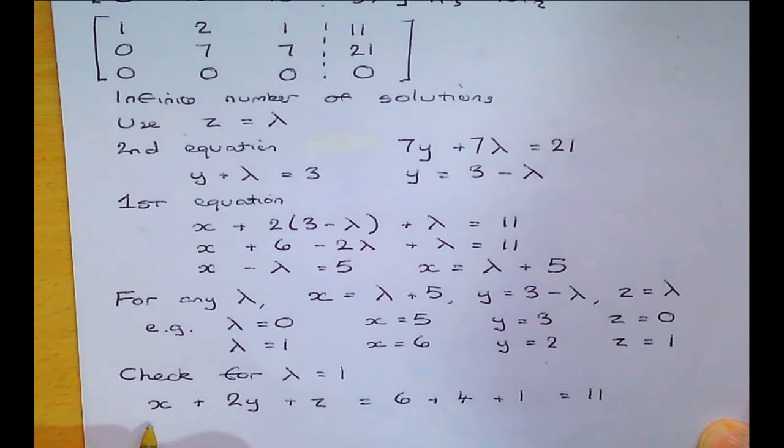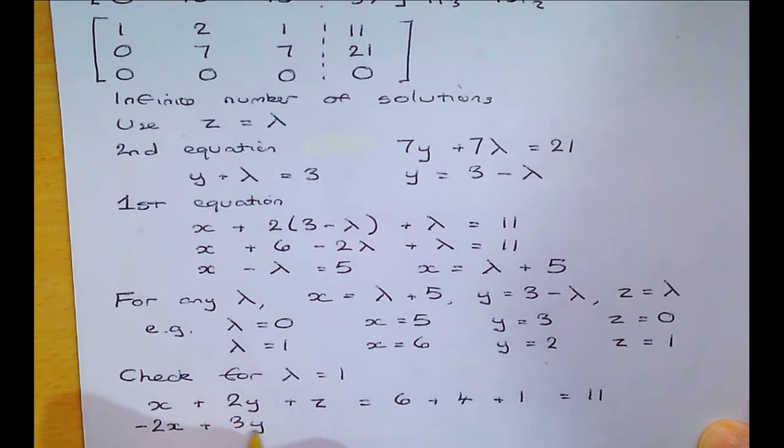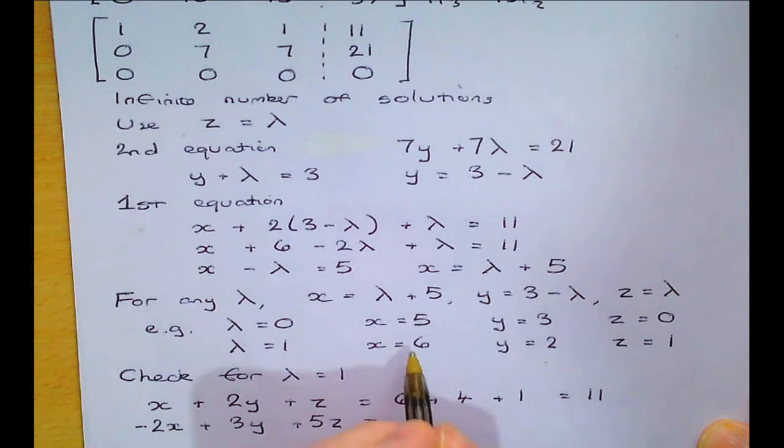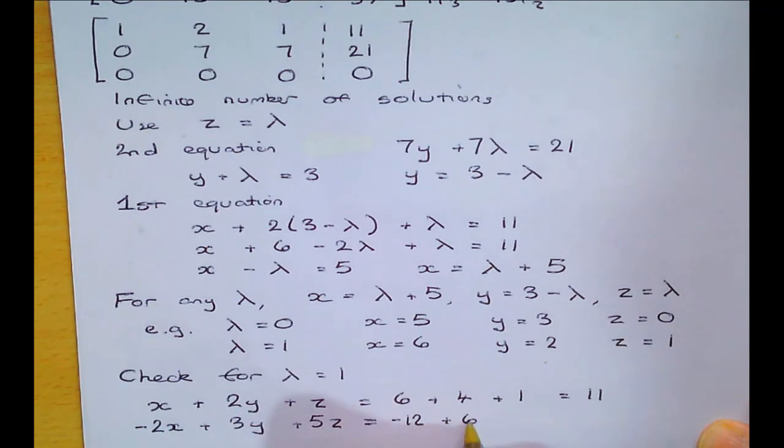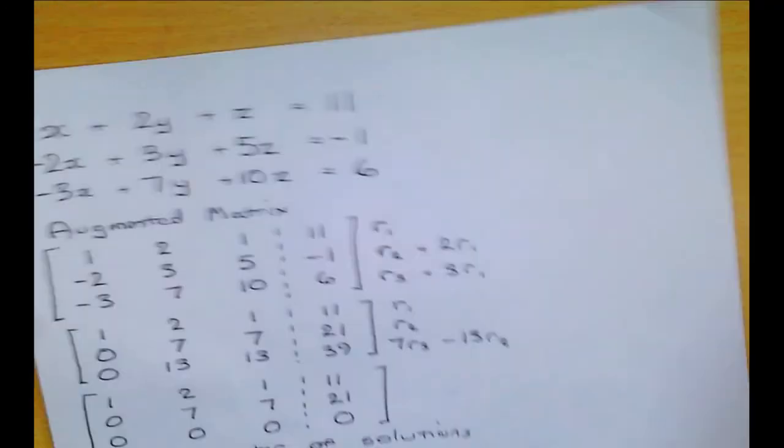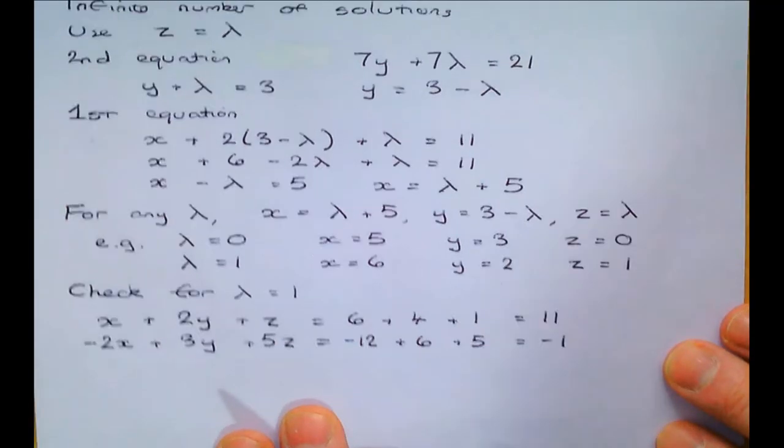We have minus 2x plus 3y plus 5z. We'll have here minus 12 plus 6 plus 5 times 1. That's minus 1. Again, as mentioned in the equation.